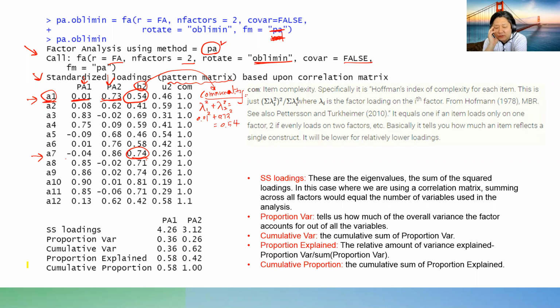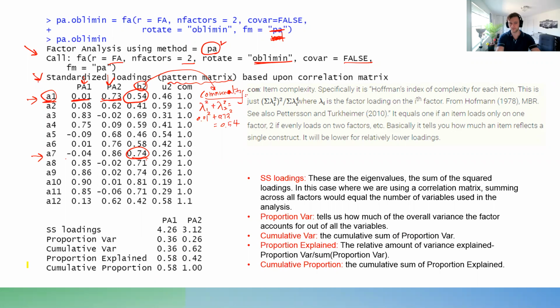Can you repeat your question? You know how you interpreted that 0.73 as the relationship between factor 2 and item 1 when controlling for the first factor? Yeah. If the rotation is orthogonal, there's no controlling for. No, I mean the interpretation is the same.